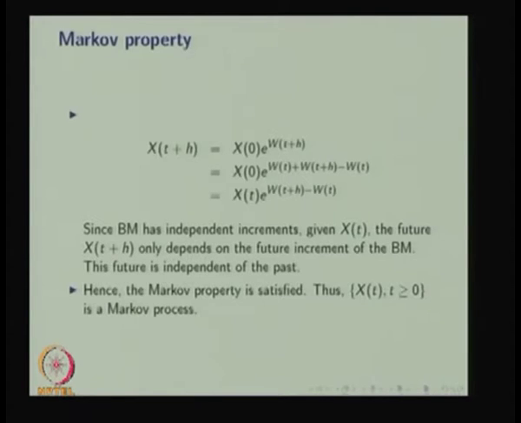I am going to verify the Markov property. Therefore, I am going to add W of t and subtract W of t in the exponential term. The next step will be X naught e power W of t plus W of t plus h minus W of t.